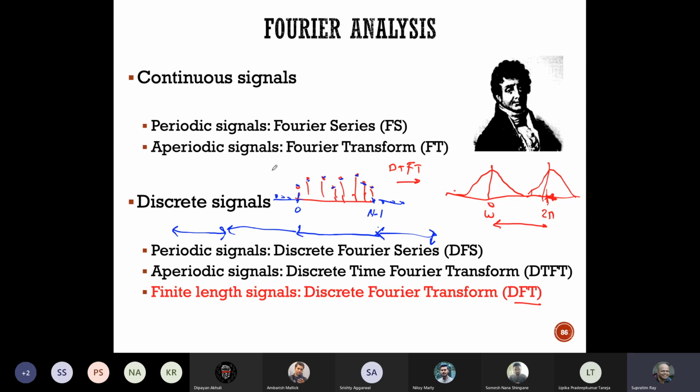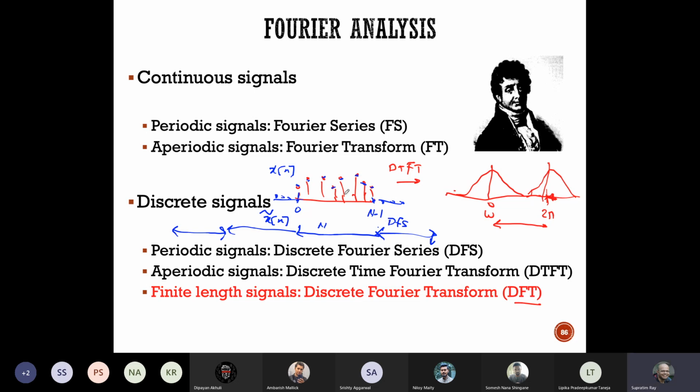So this is the signal x[n], and this is the periodic version of the signal, where I have made an infinite number of copies. Now, because this is a periodic signal of length n, I can talk about its discrete Fourier series, which I know will have n terms. Okay, does that make sense?